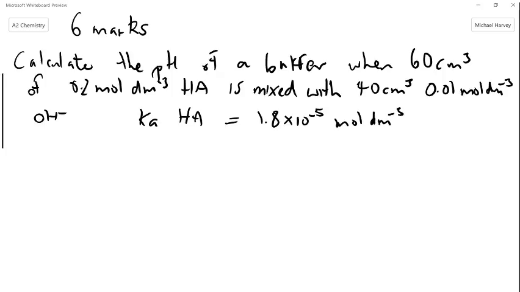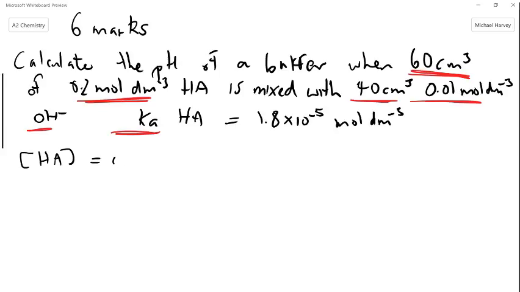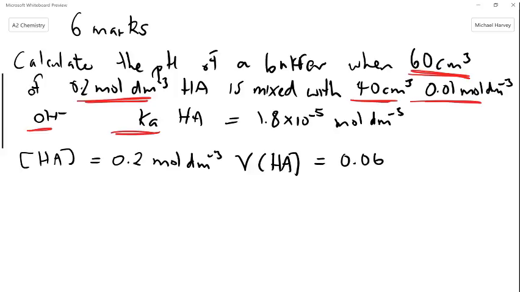So how do we get these full marks? Well, the first thing we're looking at is we break down the question and look at some numbers. We're given the volume and the concentration of the weak acid, and also the volume and concentration of the hydroxide, and also the Ka. So let's write that down. The concentration of the acid is initially 0.2 moles per decimeters cubed, and the volume of the weak acid is 0.06 decimeters cubed.